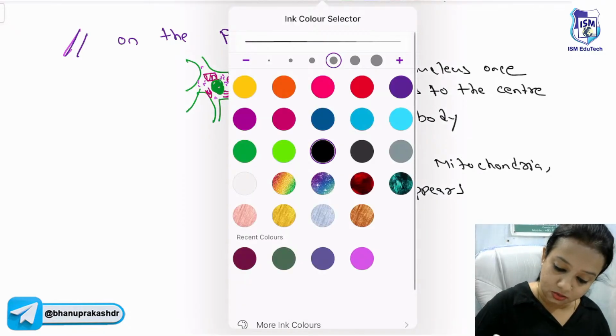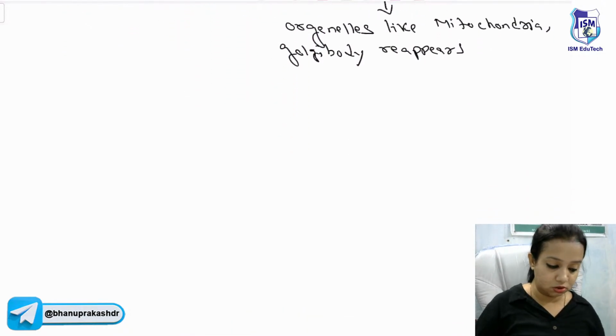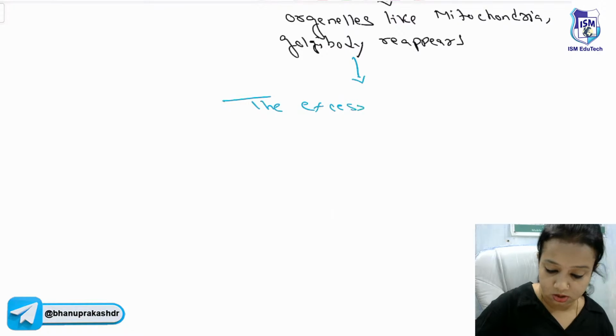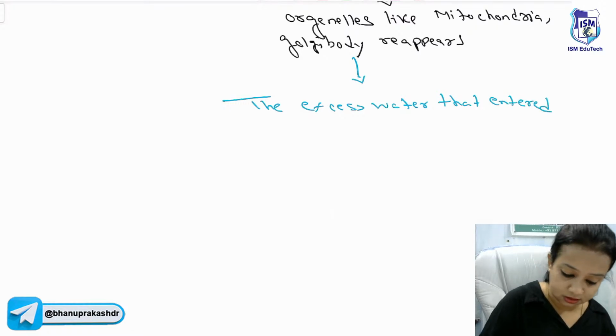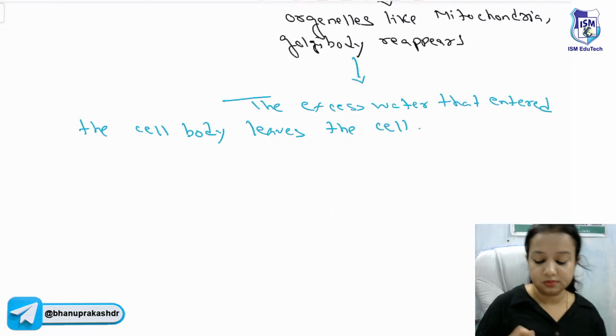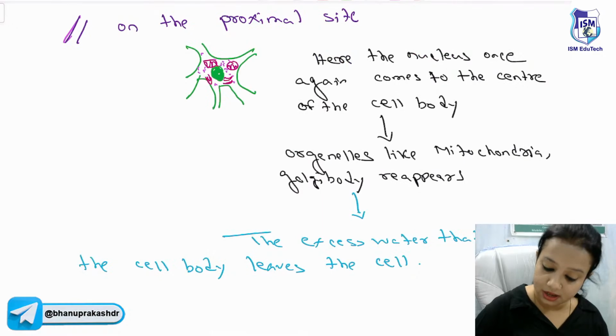And there was that swelling of the cell body due to incoming of water, right? The excess water that entered the cell body leaves the cell. Okay, so this is how the regeneration happens.